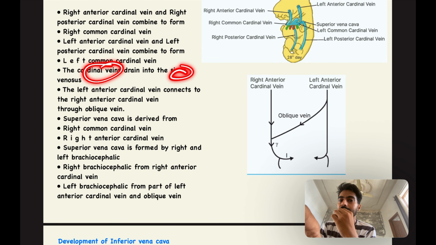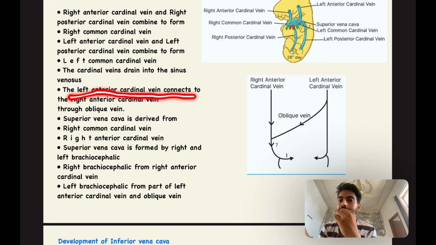These cardinal veins will drain into the sinus venosus. The left anterior cardinal vein connects to the right anterior cardinal vein through the oblique vein.